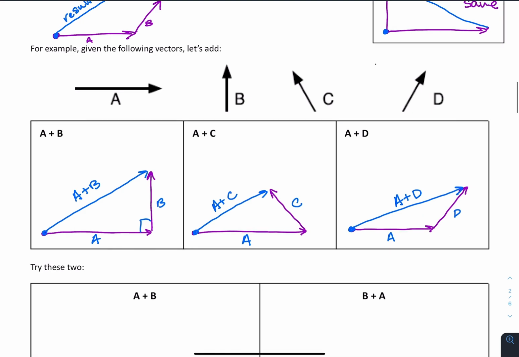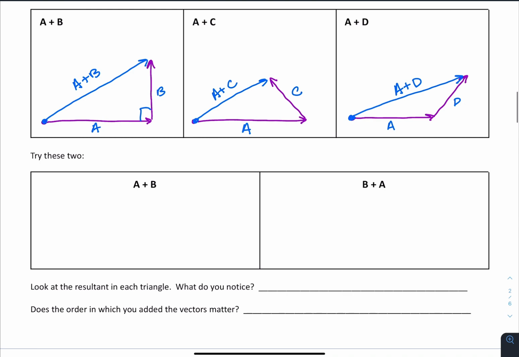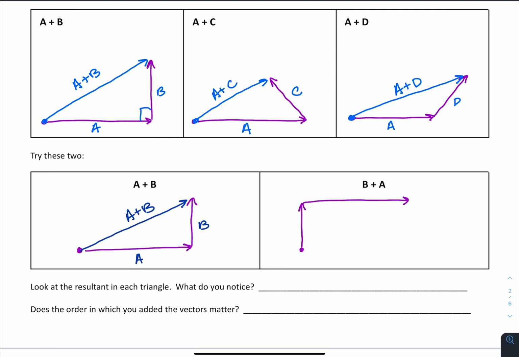Okay? Now, what if using those same vectors, we look at A plus B versus B plus A? We again draw A first, and then starting from tip to tail, we draw B, and we put in our resultant here, and we have A, B, A plus B. If we instead draw it the other way, so let's say it's B plus A, we've got B and A. The resultant still starts at your initial and goes to the end.